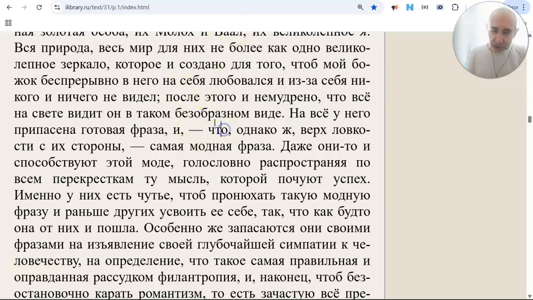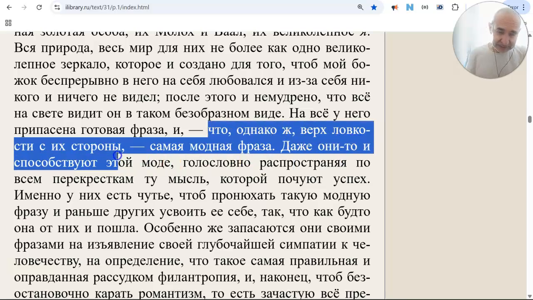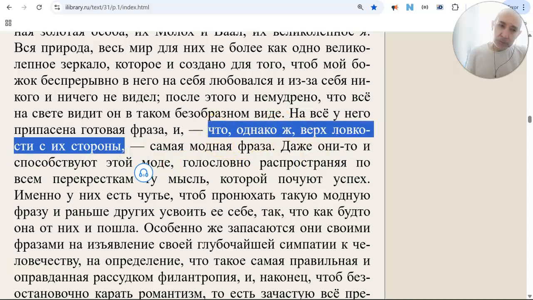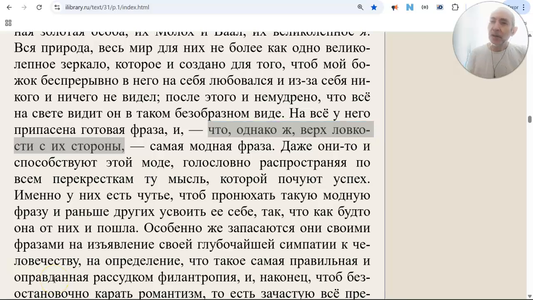And что однако ж верх ловкости с их стороны. So look, однако usually means however. But однако ж, you can underline this whole expression. And in this context, that would be it's peculiar to notice. Однако ж, or it's interesting to note. So for everything they have a phrase saved.